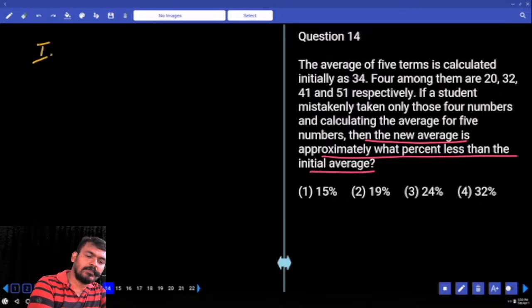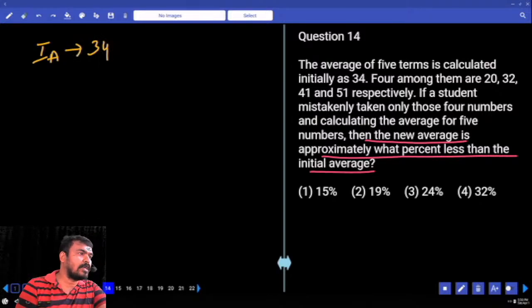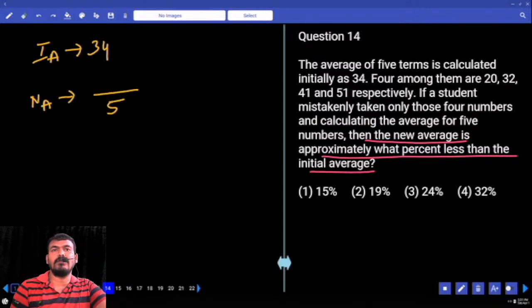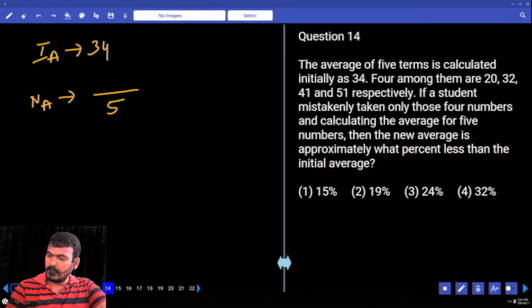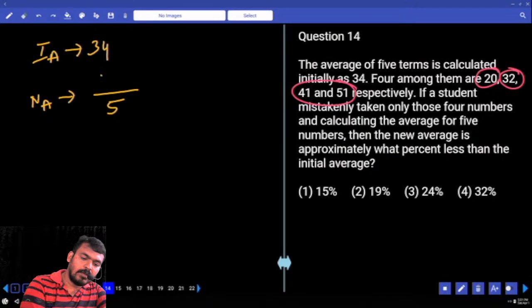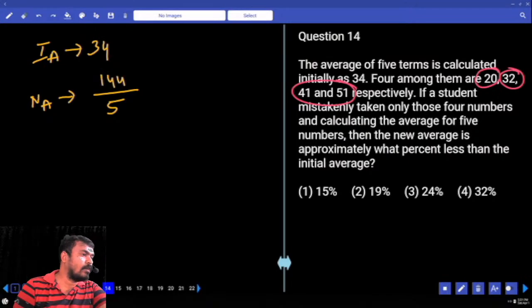What is the initial average? 34. New average means sum of the 4 numbers distributed by 5 numbers or only 1 number? 5 numbers. First, 20 plus 32, 52. 41 plus 51, 92. 92 plus 52, 144.